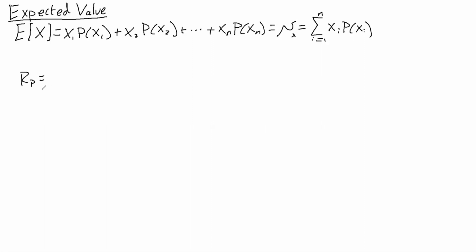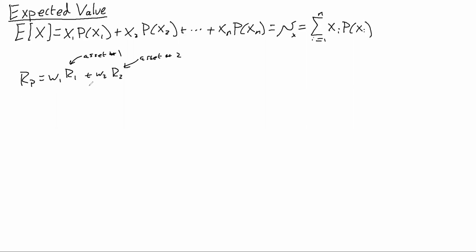Let's say we have 2 assets in it. Weight 1, so we've weighted it, times return 1. This is our first asset, plus weight 2 times return 2, and this would be our asset number 2.